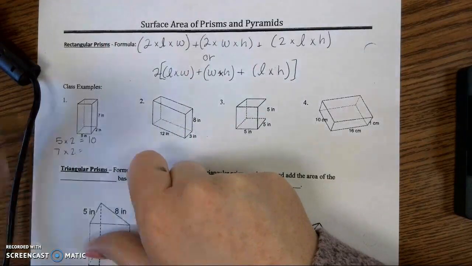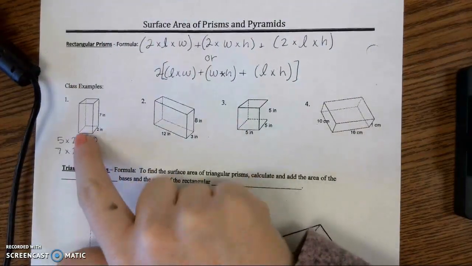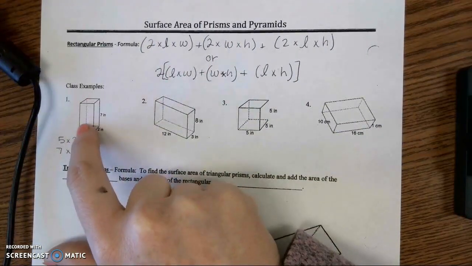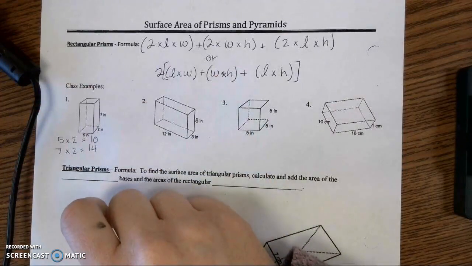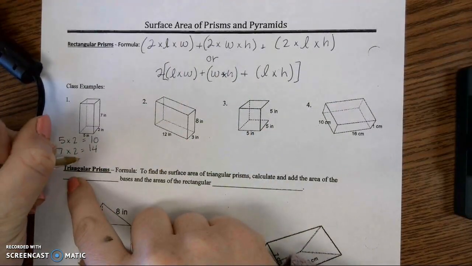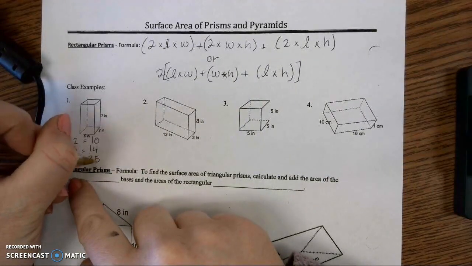So 7 times 2 is 14. And then that front face that's connecting, it's another lateral face, but it's facing towards us. The dimensions of that one would be a 5 by 7 rectangle, and so I would get 35 for that one.